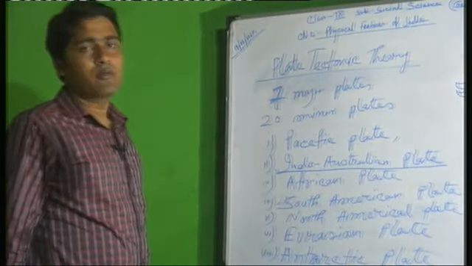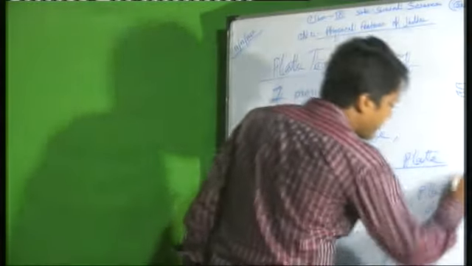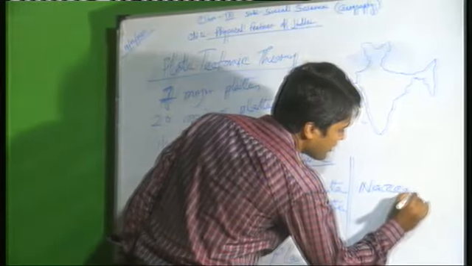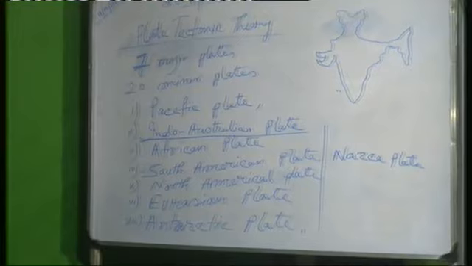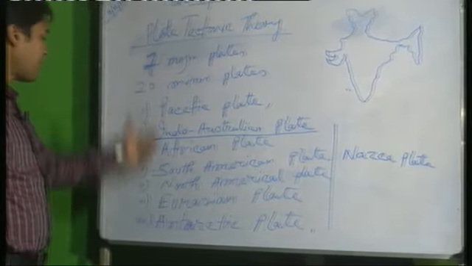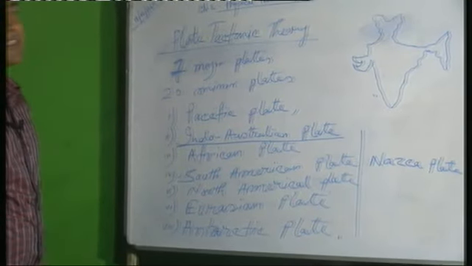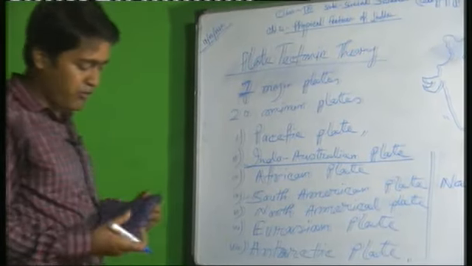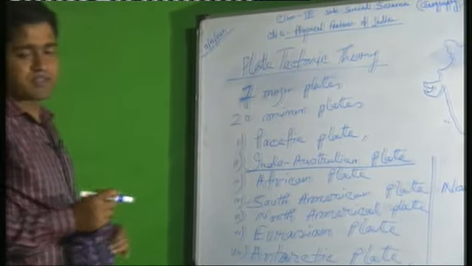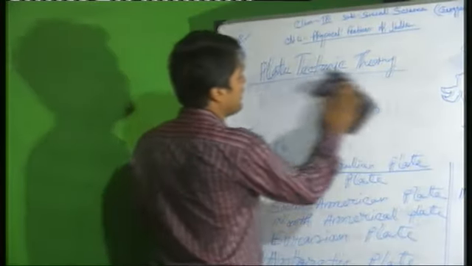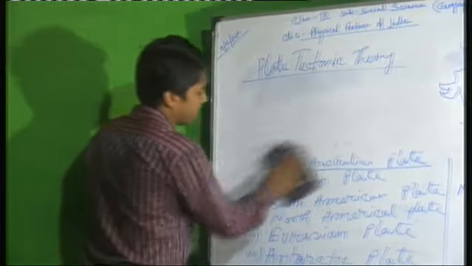And 20 minor plates, among them some important names. These are the Nazca plate, and some other 20 minor plates are there. Among them very few names you will remember, but these 7 names are most important. So these are the different types of plates, with different names, all over the earth's surface.